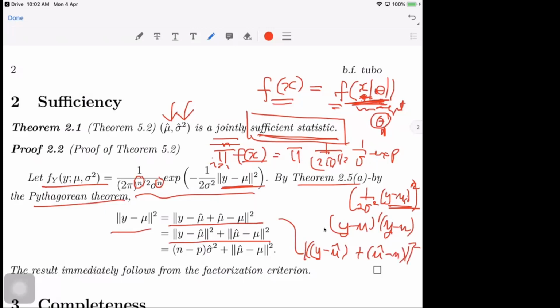So these are the middle terms, no? mu hat plus mu hat minus mu prime, and then the other one plus there.